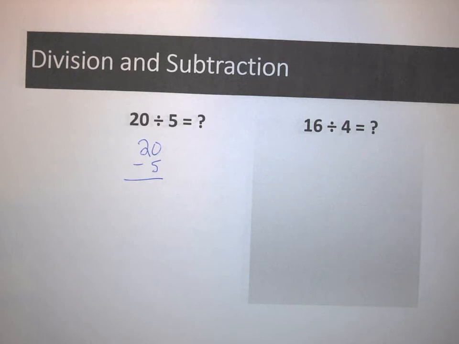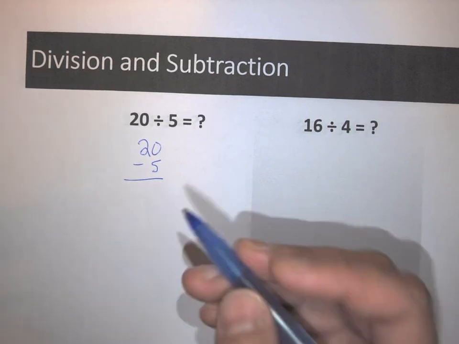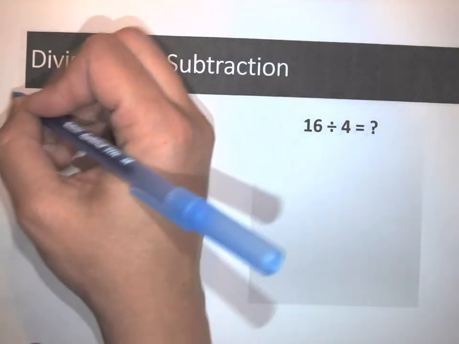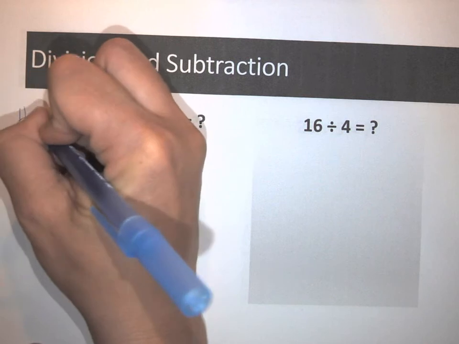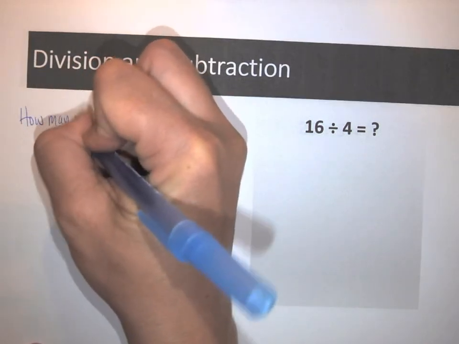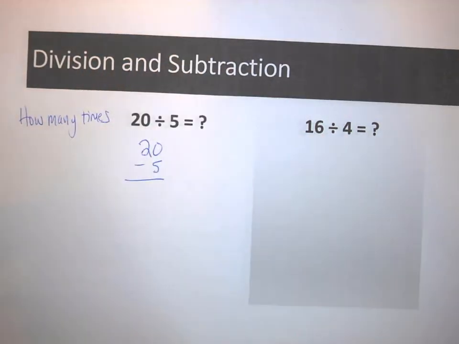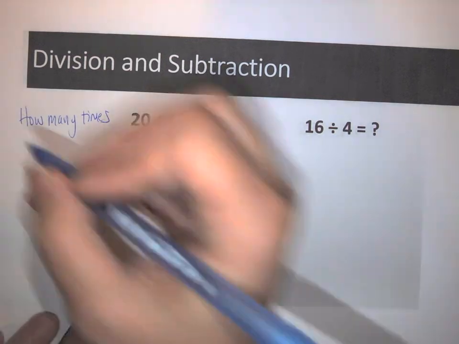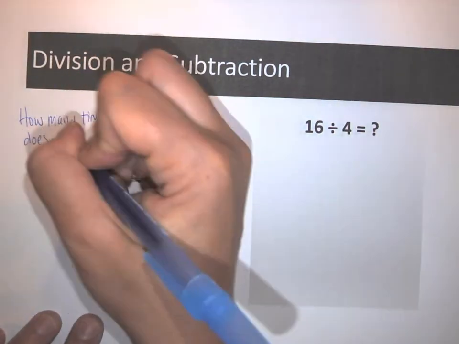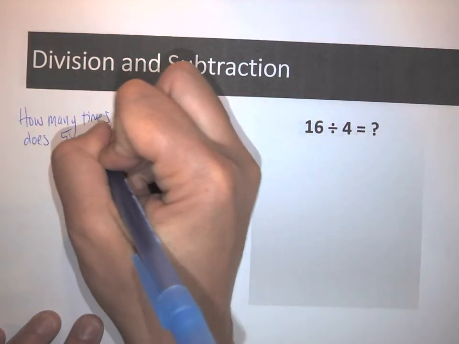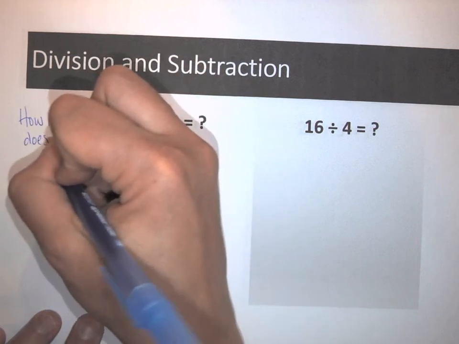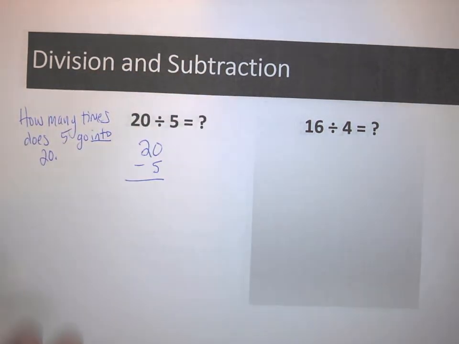All right, so we can show the division relationship with subtraction by just doing this repeated subtraction. So we always say, how many times does 5 go into 20? And I want to think about it differently.